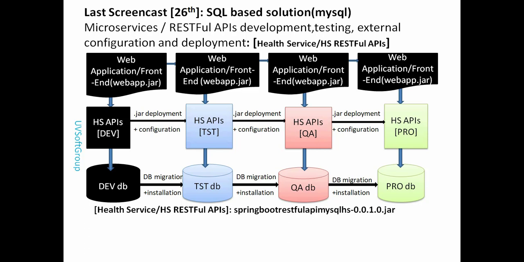Then that client had a different requirement. They said they needed another version of this API with a non-SQL database. And then we made a plan. We have different non-SQL database options like MongoDB, Cassandra, Redis, and Elasticsearch.